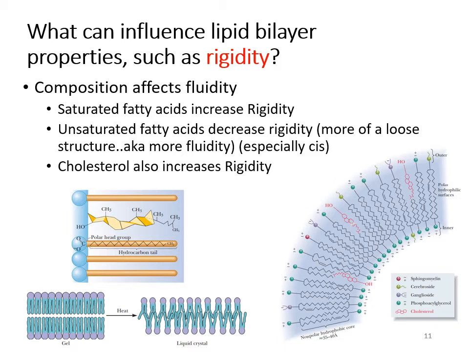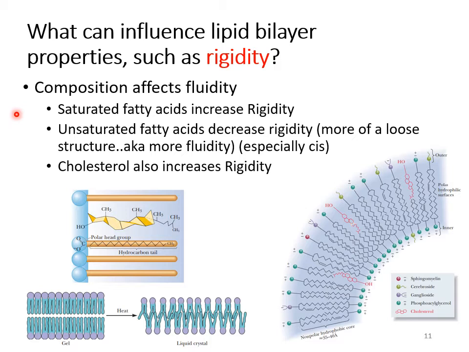So for instance, I want you to know the types of lipids that will increase rigidity, which are cholesterols and saturated fatty acids, whereas unsaturated fatty acids will decrease the rigidity of the membrane, meaning that they will make it more fluid.